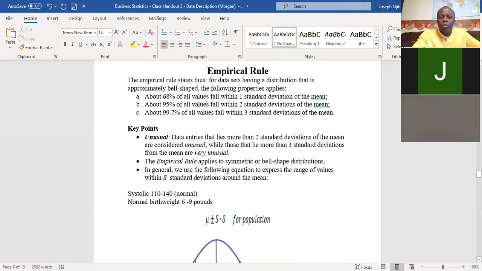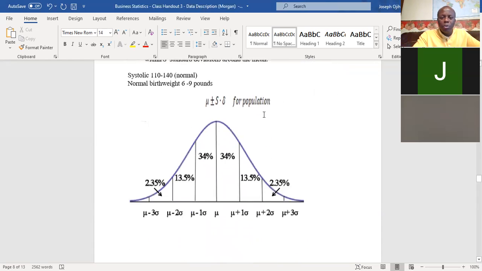According to this empirical rule, about 68% of all values fall within one standard deviation of the mean. About 95% of all values fall within 2 standard deviations of the mean. And 99.7% of all values fall within 3 standard deviations of the mean. Now, let me show you what I mean by that.